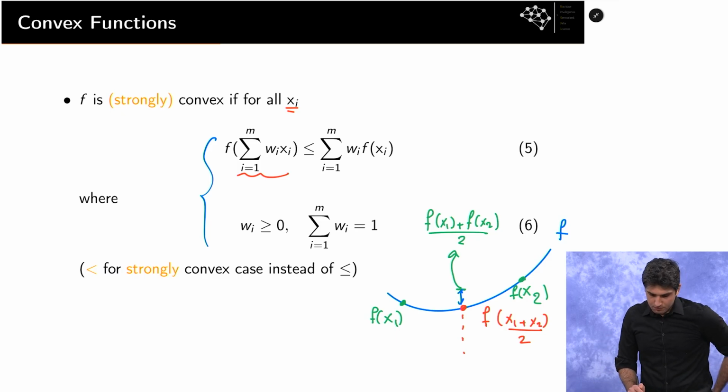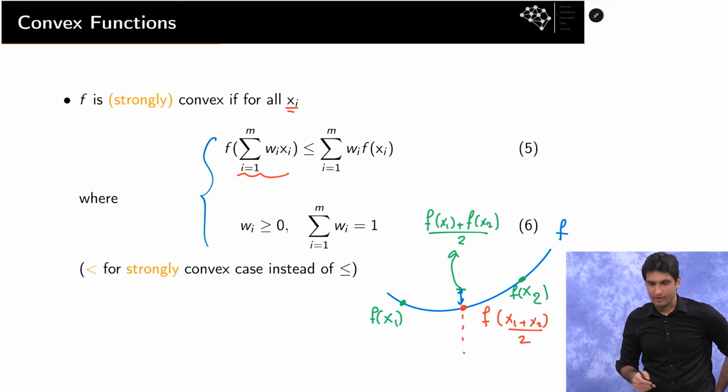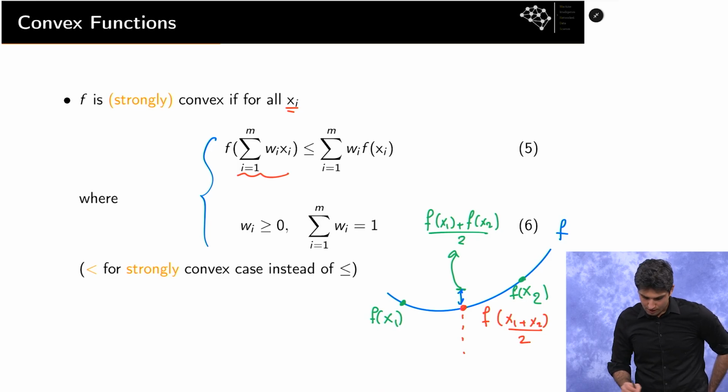Now we can have functions that are even nicer. We haven't talked about why convex functions are nice, but we're going to talk about that. But we can have functions that are even more convex, if you will, than this. We call them strongly convex functions, which requires us to alter this definition by replacing this inequality with a strict inequality.